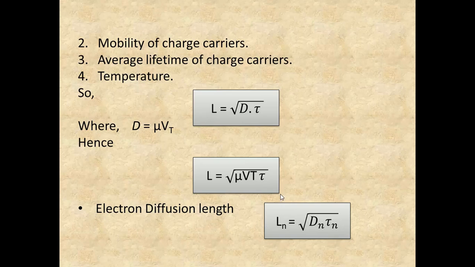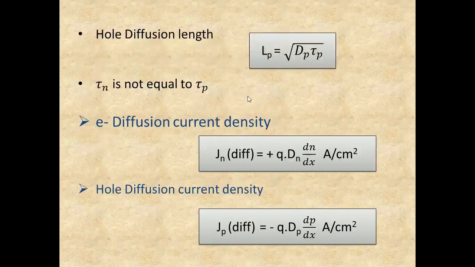This is a general formula, so let's talk about the electron diffusion length and the hole diffusion length. For electrons we put n in the subscript, the same formula with n subscripts. Similarly, for the hole diffusion length, in place of n we have p.